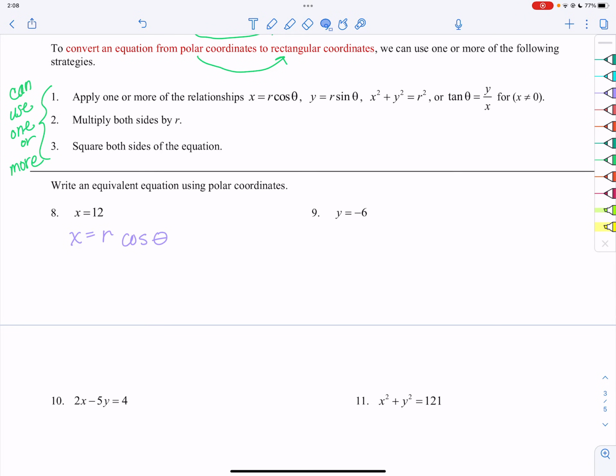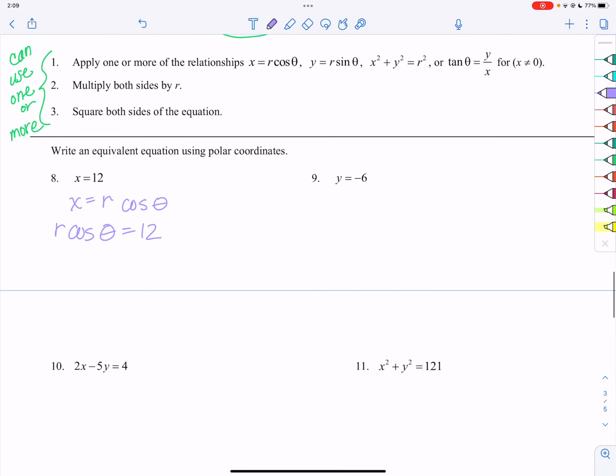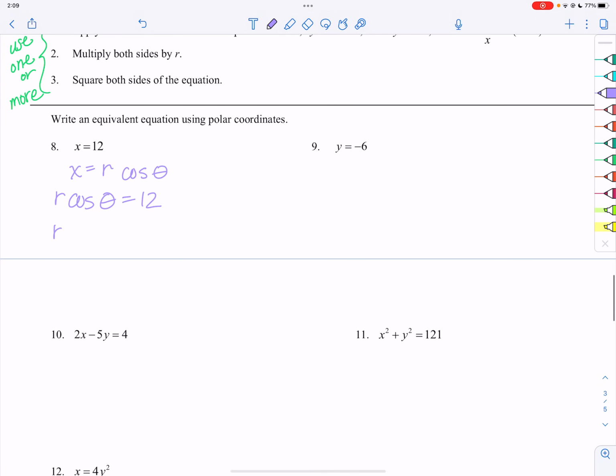That means r cosine of theta equals 12. And so r would equal 12 divided by the cosine of theta, which is equal to 12 secant of theta.